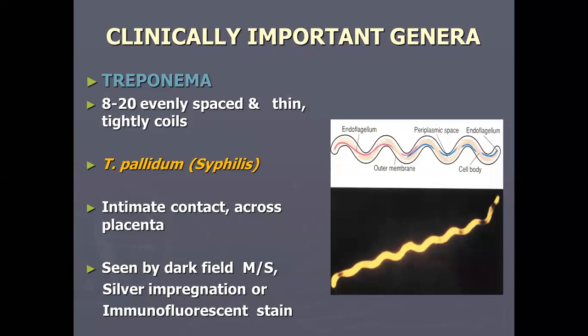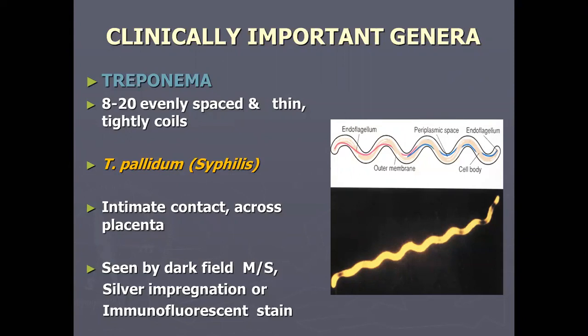Now, we have three clinically significant genera of the spirochetes. Number one is the Treponema, then we have the Borrelia, and then we have the Leptospira. Three main spirochetal genera are Treponema, Borrelia, and Leptospira. We'll see each of these genera first, and then we'll move on to the specific species.